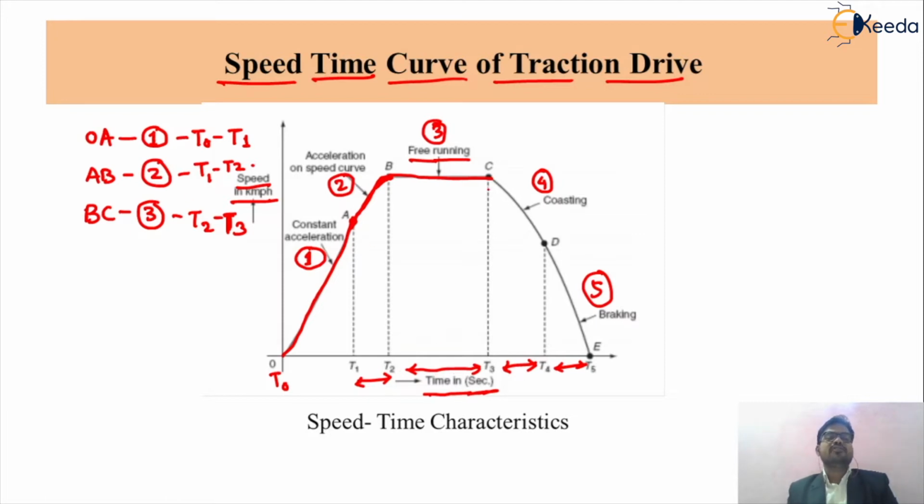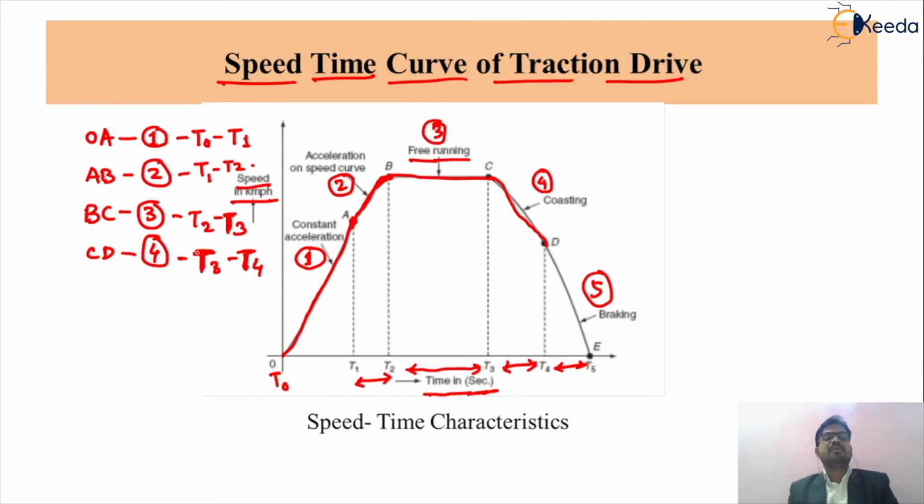After that, friends, there is another curve called CD. This CD curve represents the coasting period. What do we mean by coasting? Suppose the motor attains its constant speed. After some time, due to the retardation process of the motor, this period happens. In the period between T3 and T4, the voltage of the motor gradually decreases, so the motor changes its speed.